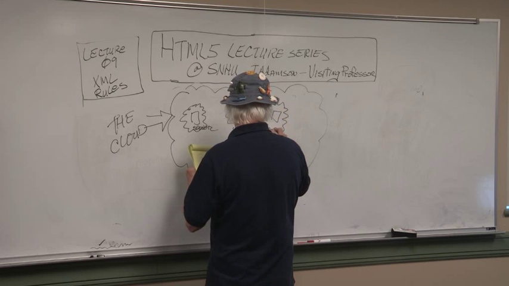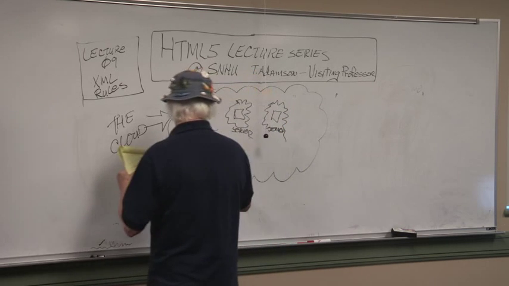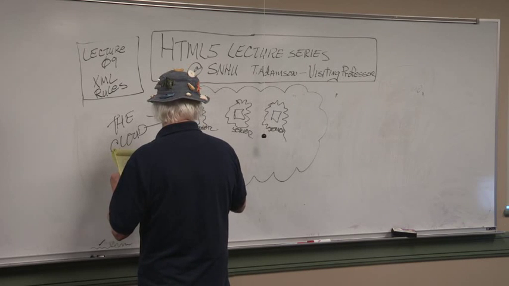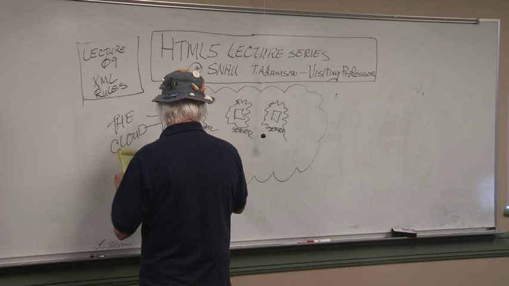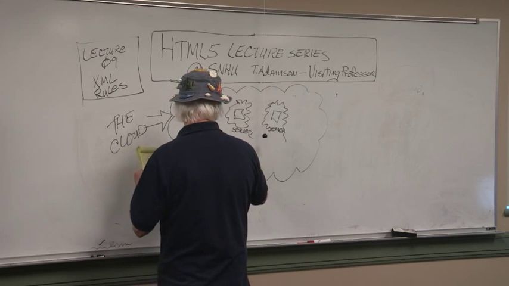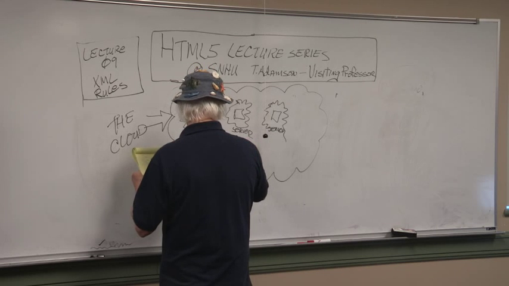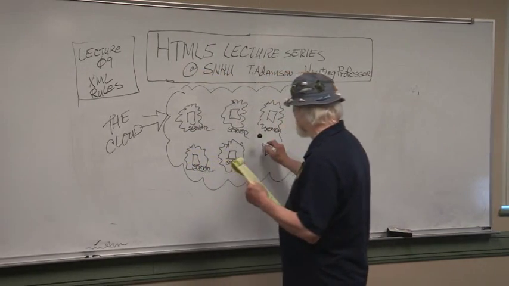It would take me probably 100 years to draw all the servers, and I couldn't keep up with them because there's new ones going up on the internet all the time. And you don't even see them. They're all over the world. They can be in Spain, Switzerland, Russia, Siberia, Brazil, Argentina, France, Paris. You name it. I'm just going to draw a few of them here.